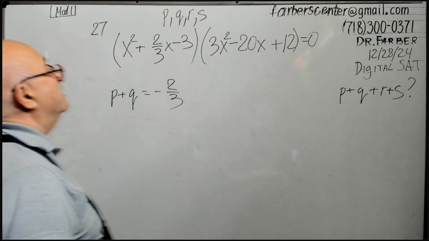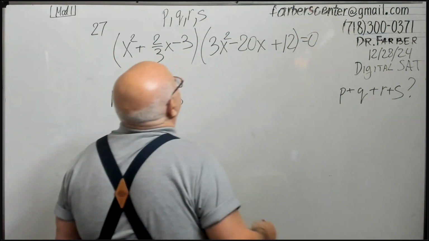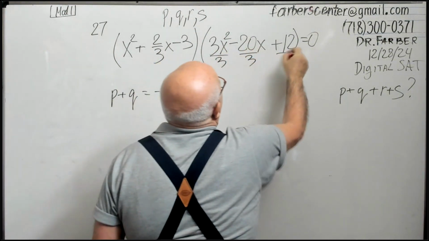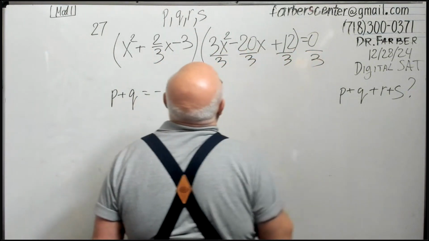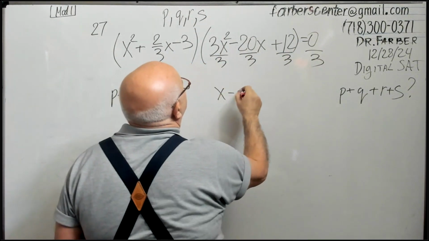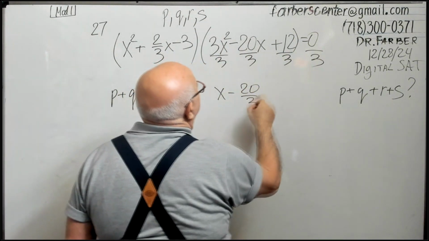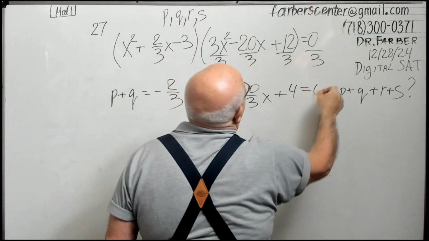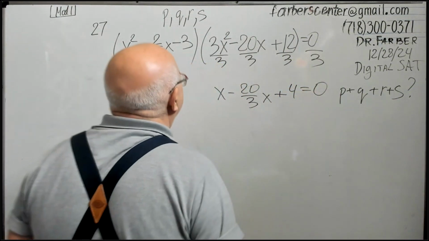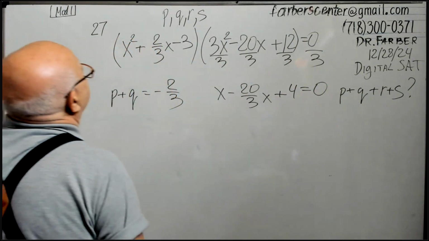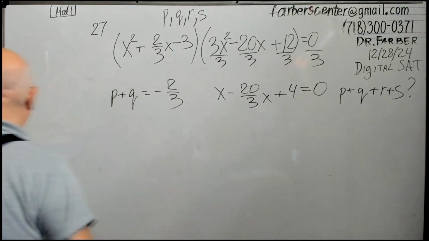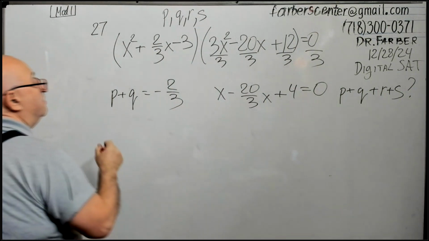And the second one, let me divide everything by 3. What I have is x squared minus 20/3 x plus 4 equals 0. Now we have R plus S. R plus S is supposed to be the second coefficient with opposite sign.